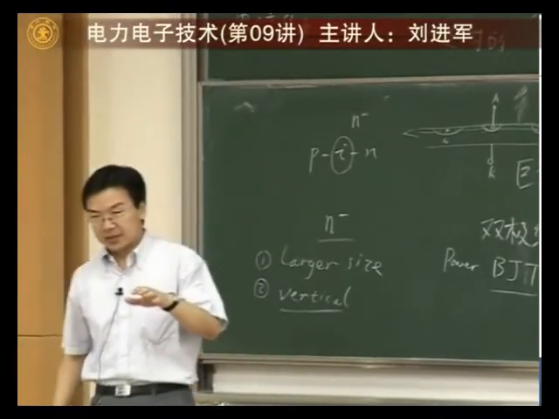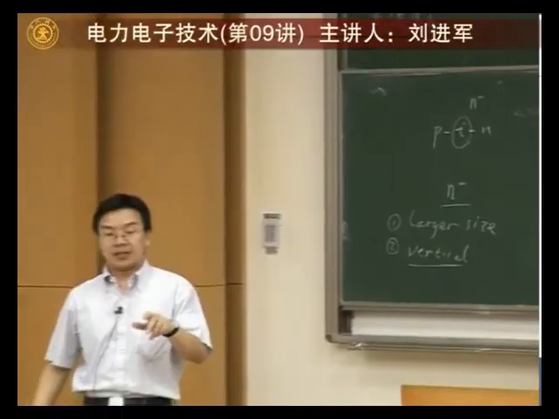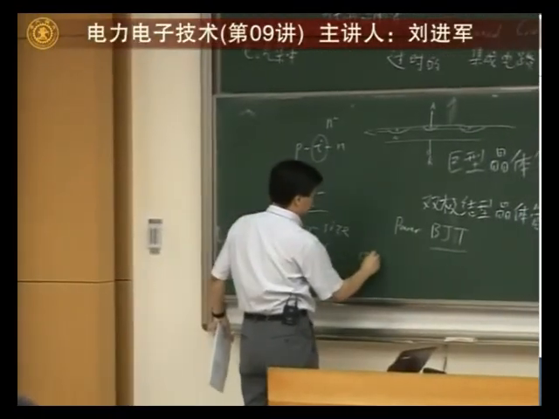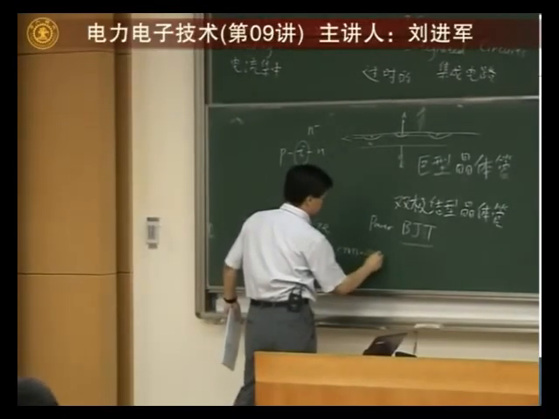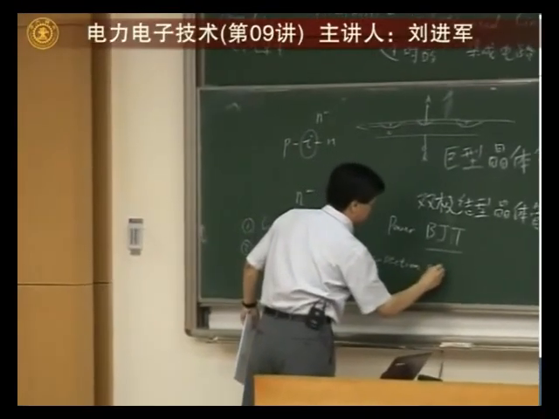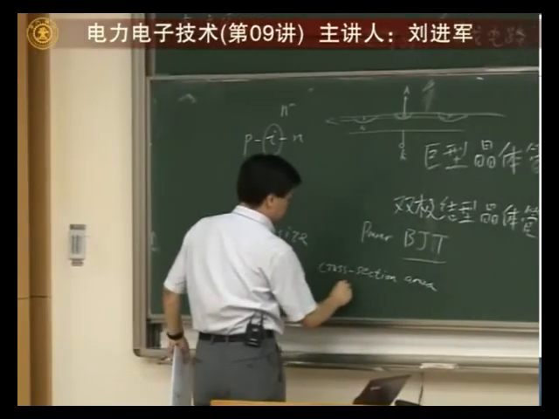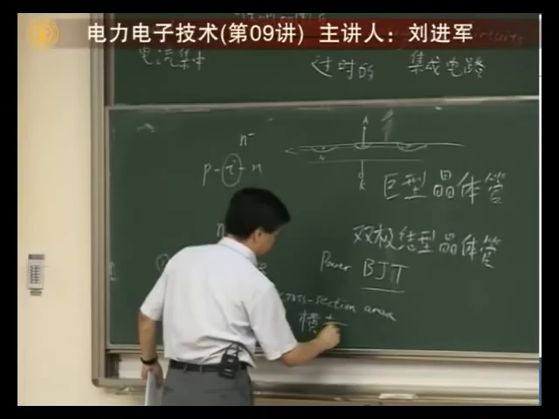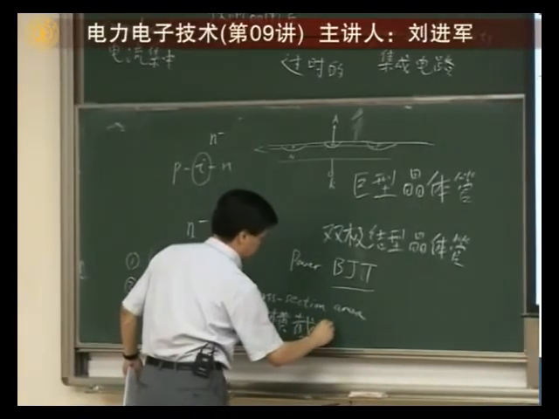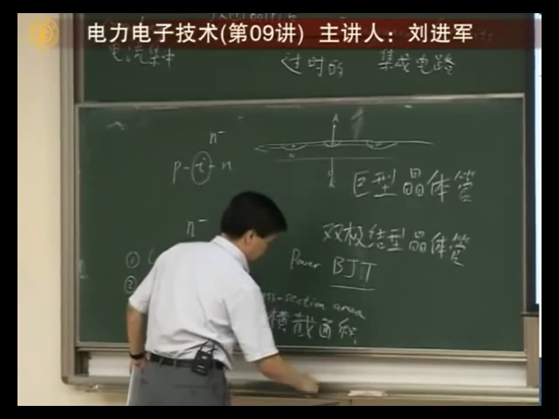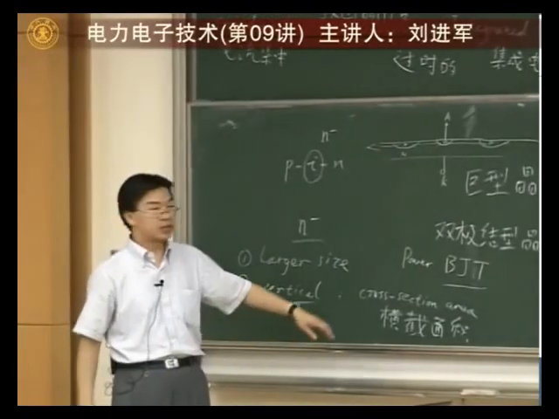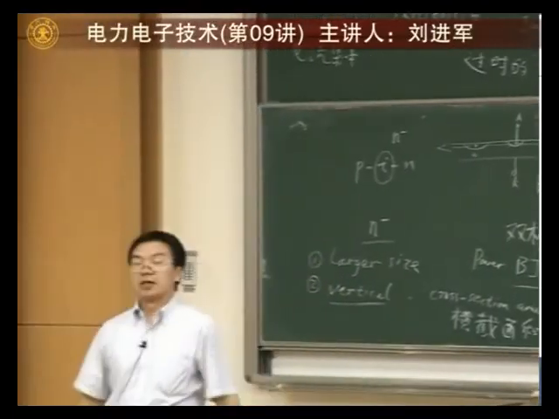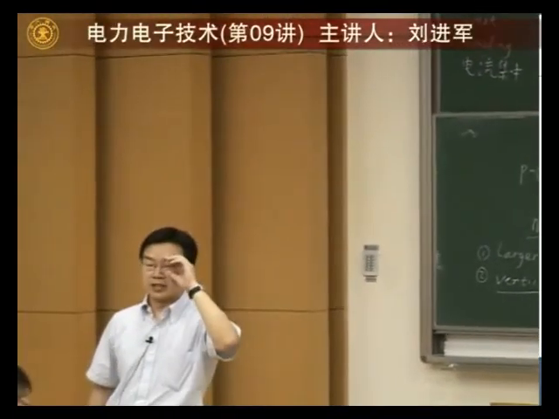That makes the current flowing cross-section area much larger than the ordinary diodes in information electronics.